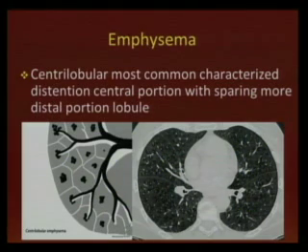Centrilobular emphysema arises in the central portion of the secondary lobule. The rest of the lobule is totally normal, and you can see tiny cystic lesions. Sometimes this can be confused with a cystic lung disease. The difference is that in cystic lung disease, the cystic lesions have walls. Emphysema has no walls.